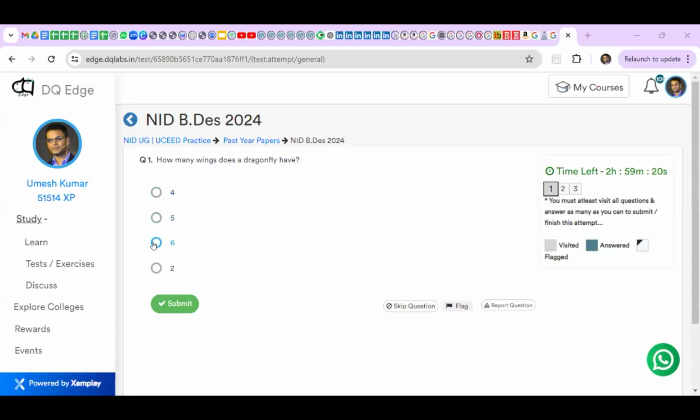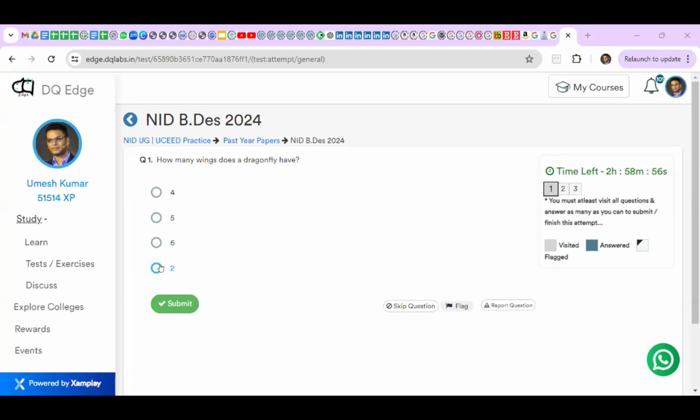Okay, 6. 4. Yeah, 6 or 4. Now you may be giving this answer either through knowledge or maybe guessing, elimination, right? If you eliminate, 5 is definitely not, because you cannot have an odd number of wings. So you're left with 4, 6, 2.